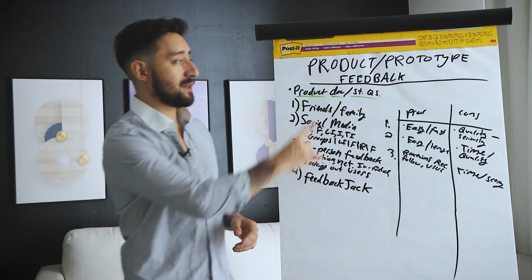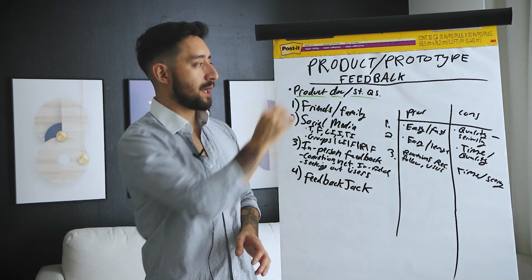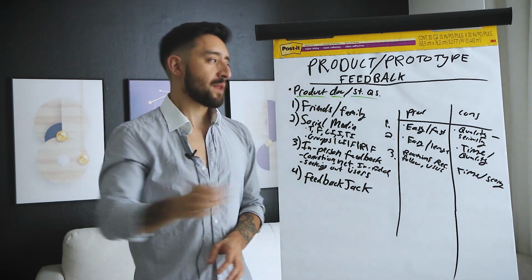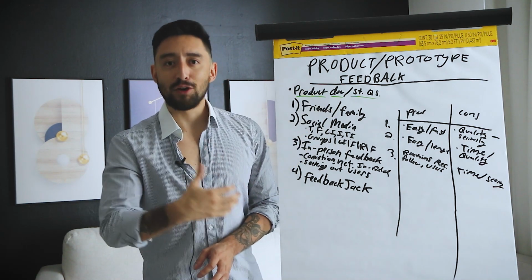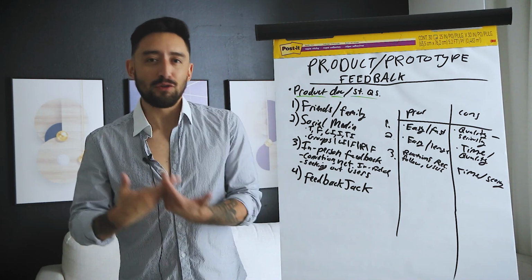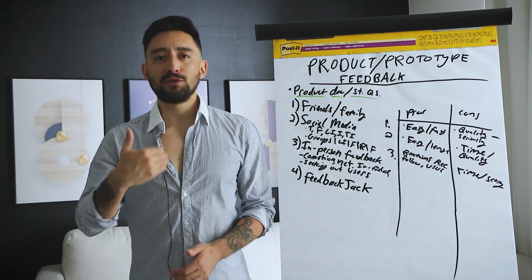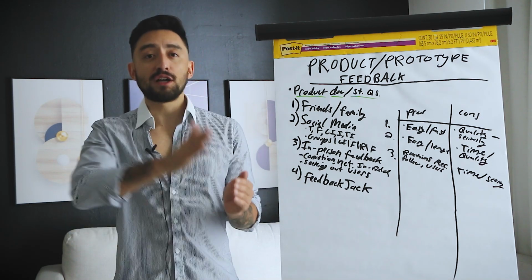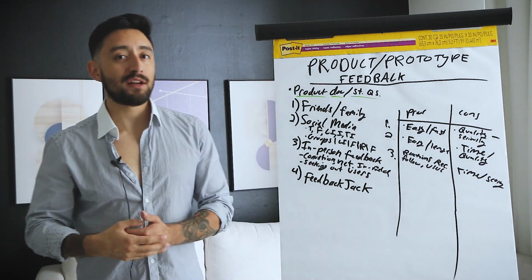Maybe you're going to go back to the drawing board. Is this just an idea, and you're using Feedback Jack to get feedback on your idea? Or is it an actual prototype, and you're trying to understand how users would use it? Is it maybe even getting a sense of the design, the look and feel, the colors? Really think about the way in which you want to use that tool, because you can go through this process again and again and again, and you can get some really powerful iterative feedback.